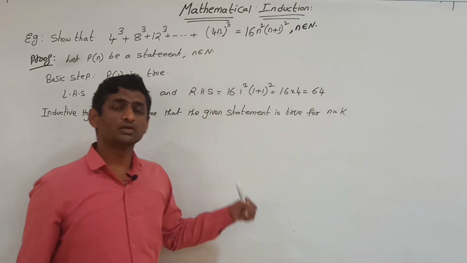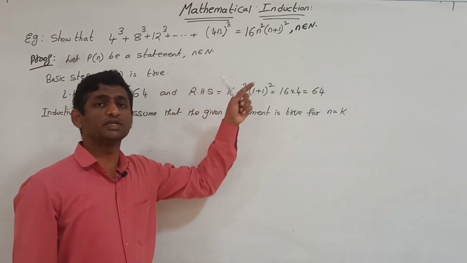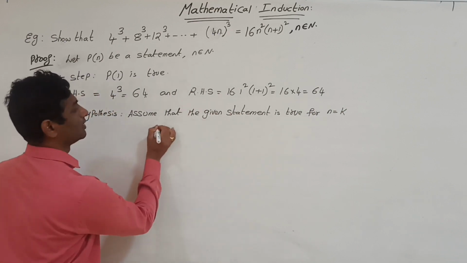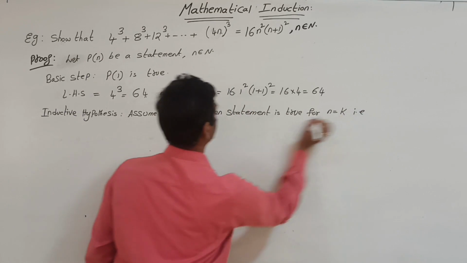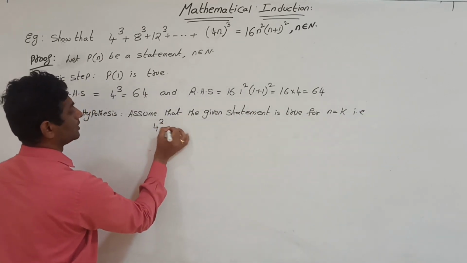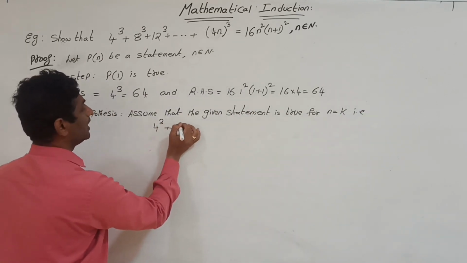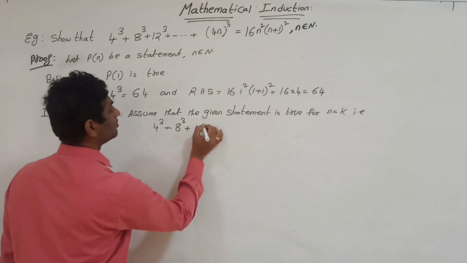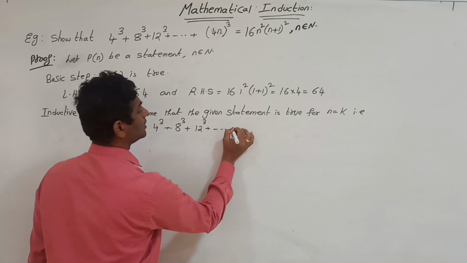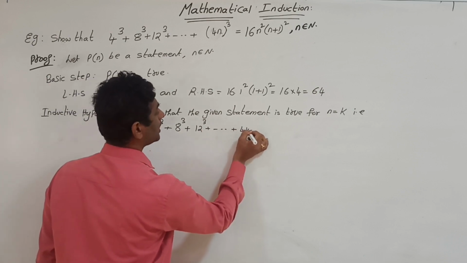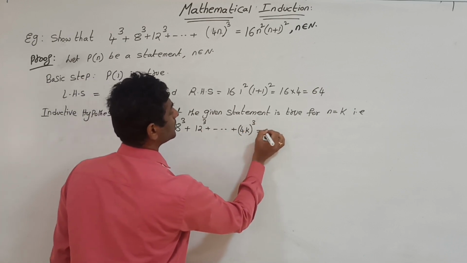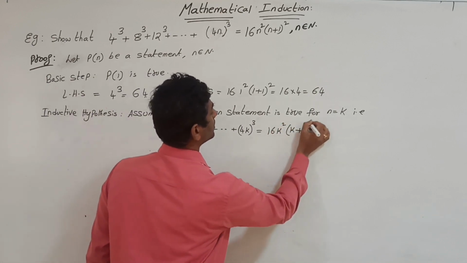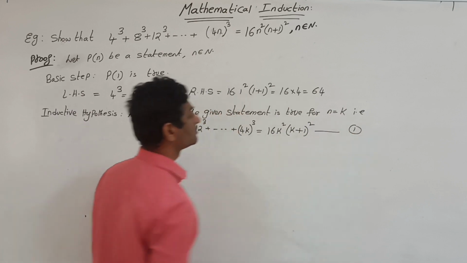Now we are assuming that the given statement is true for k terms. So what are the k terms? That is 4 cube, this is the first term, 8 cube is the second term, 12 cube is the third term, and so on, plus 4k whole cube is equal to 16 k square into k plus 1 whole square. Now this is equation 1.